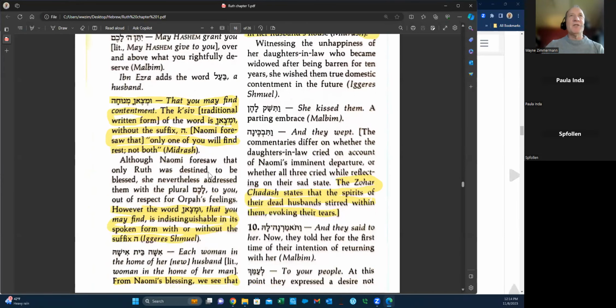Here in yellow is the part I just talked to you about, the missing letter, missing hay. In Hebrew, it's quite well known that there is what's written, the traditional form, and then what's read, as well as understanding.